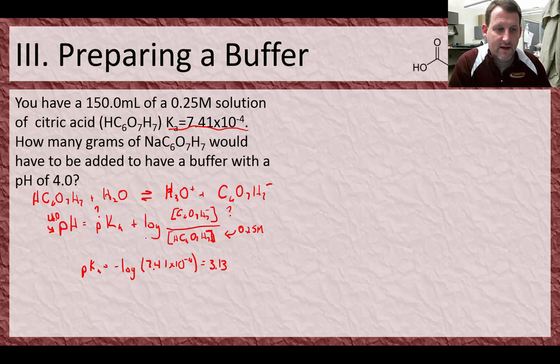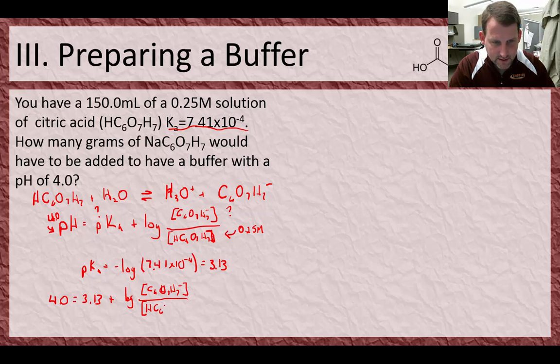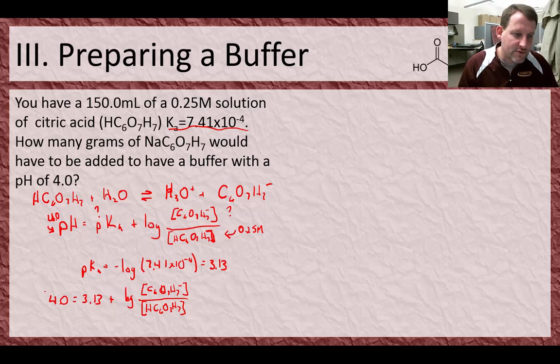All right, so now we've got to start plugging in stuff and get going. So the pH is equal to 4.0 equal to 3.13 plus the log of the concentration of C6O7H7 minus over the concentration of HC6O7H7. Now I'm going to subtract 3.13 from both sides.